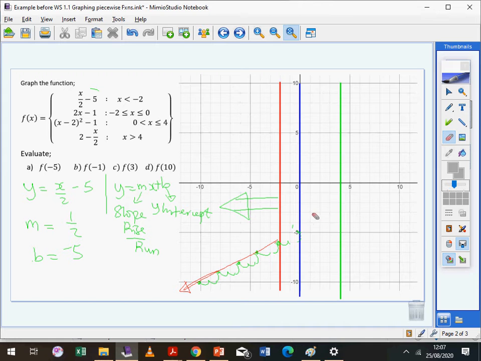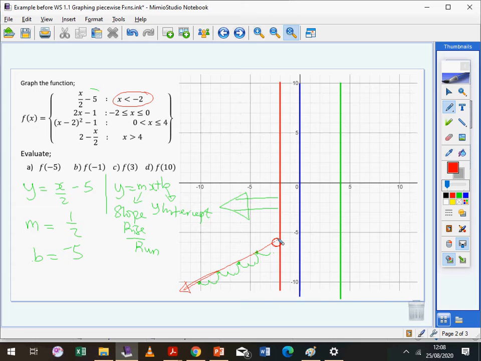And because x is less than negative 2, I know negative 2 is not included in the solution, so it will start with a circle right there to show that it's not included. Let's go to the next one.